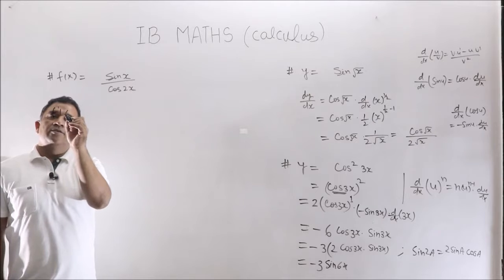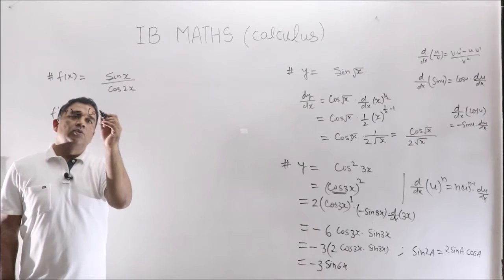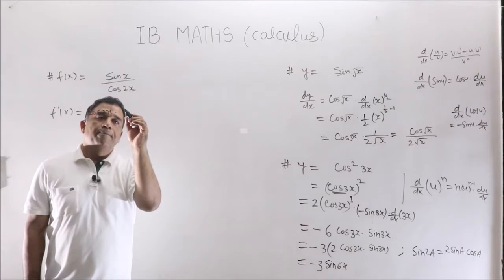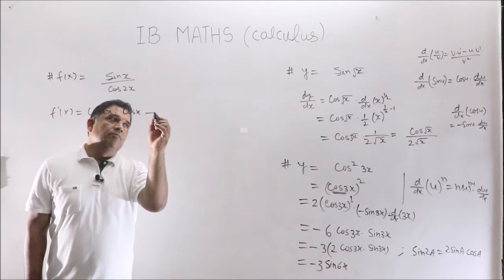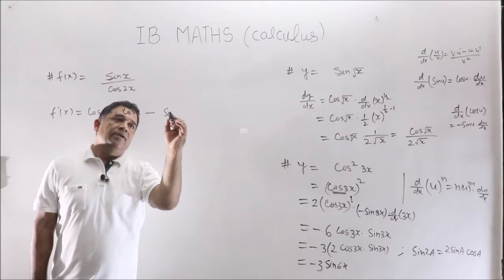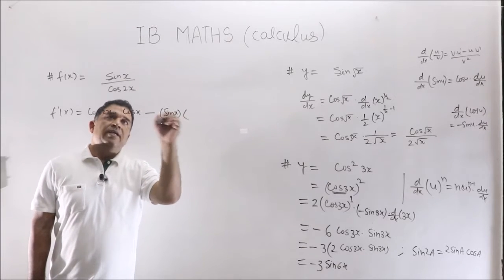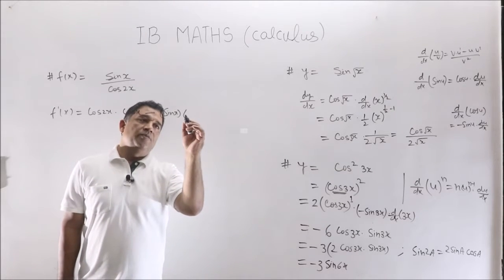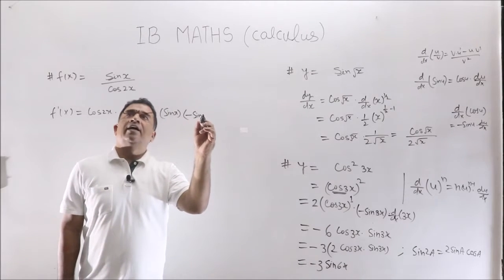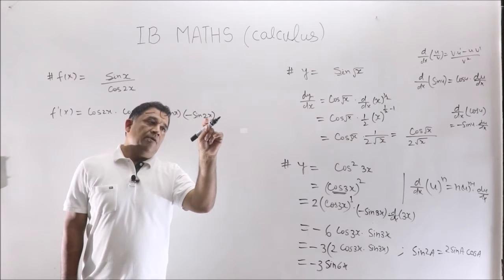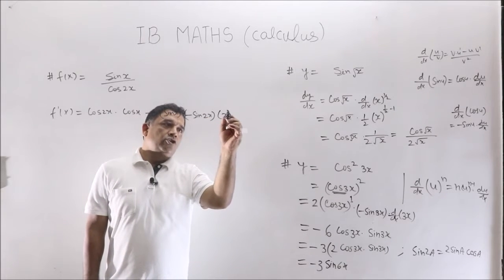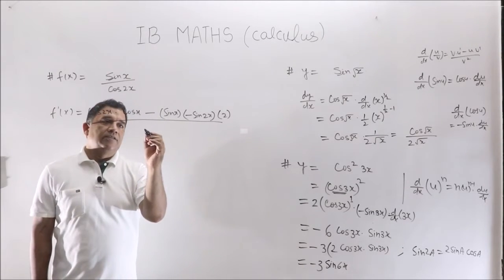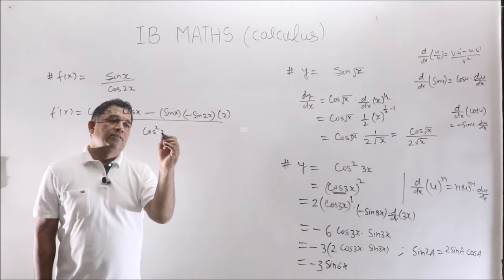So f dash x would be cos 2x times the derivative of sin x, which is cos x, minus sin x times the derivative of cos 2x. The derivative of cos u is minus sin u, so we write minus sin 2x times the derivative of 2x, which gives 2, all divided by cos squared 2x.